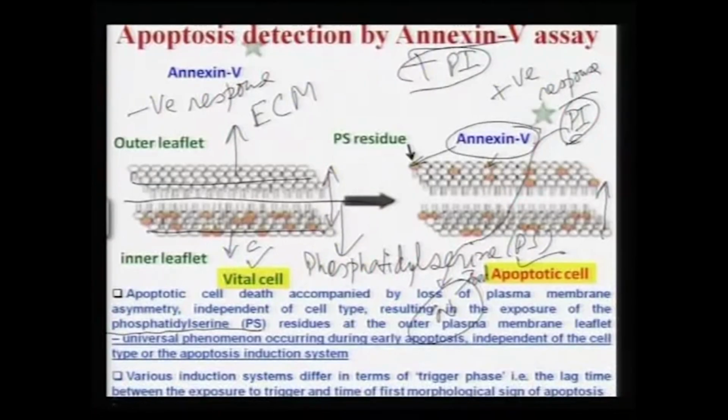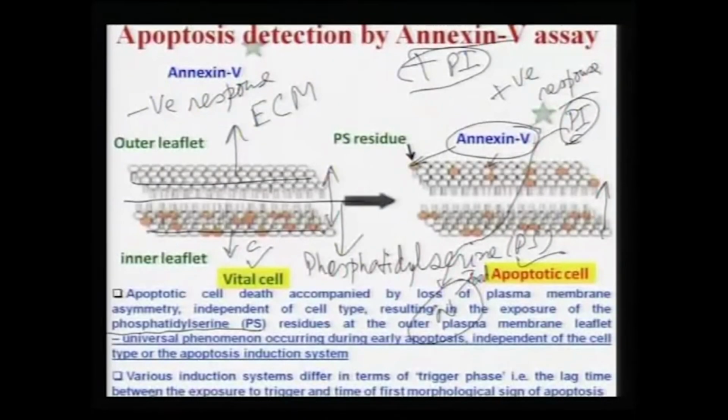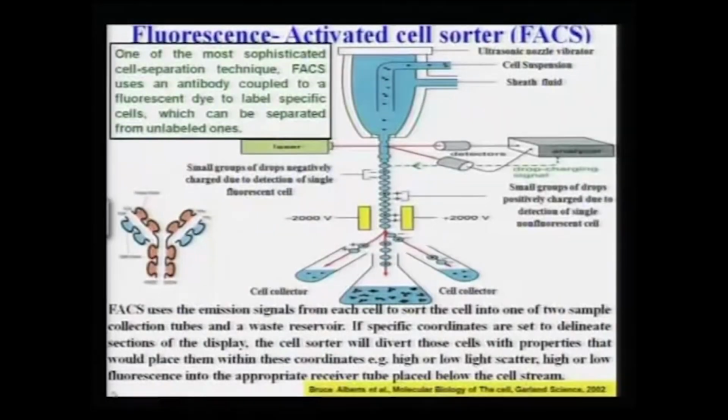If annexin 5 is positive, PI is negative, then cells are going to the late apoptotic stage. Annexin 5 negative, PI positive, then it is called late apoptotic stage. And if annexin 5 is positive and PI is also positive, then cells are necrotic cells.